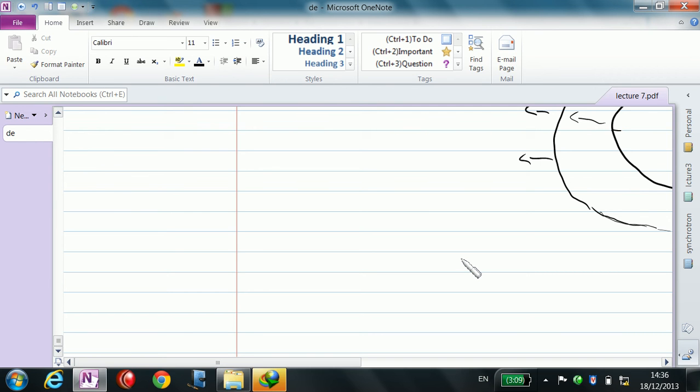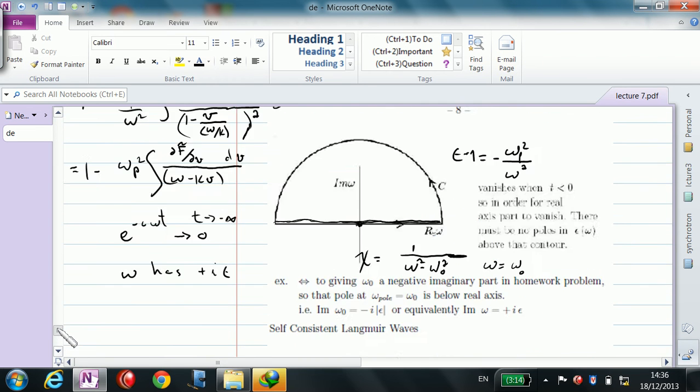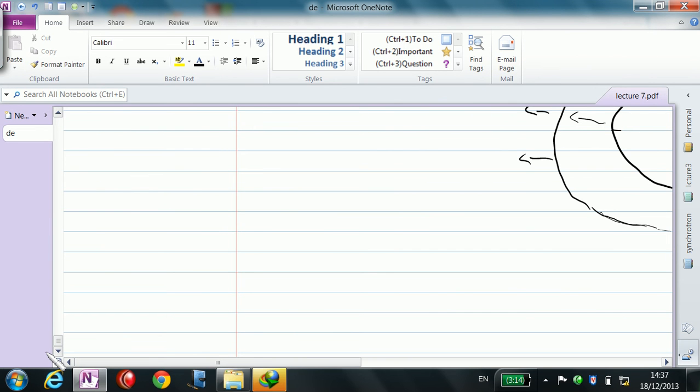Okay, at this point I'm going to move on to say a few words about quasi-linear theory. It's a very nice discussion you can download off the internet. But basically, I'll just rewrite the Vlasov equation.